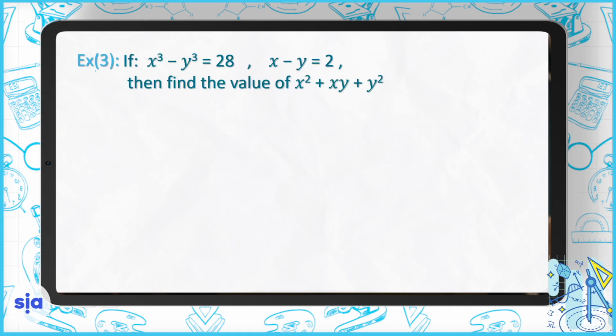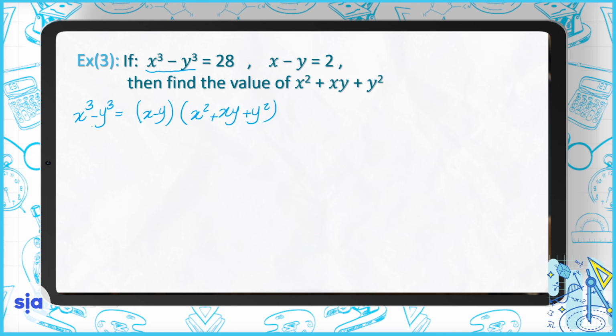Exercise number 3. Here we have x power 3 minus y power 3 equals 28. We can easily factorize x power 3 minus y power 3 as x minus y multiplied by x squared, opposite sign, xy plus y squared.